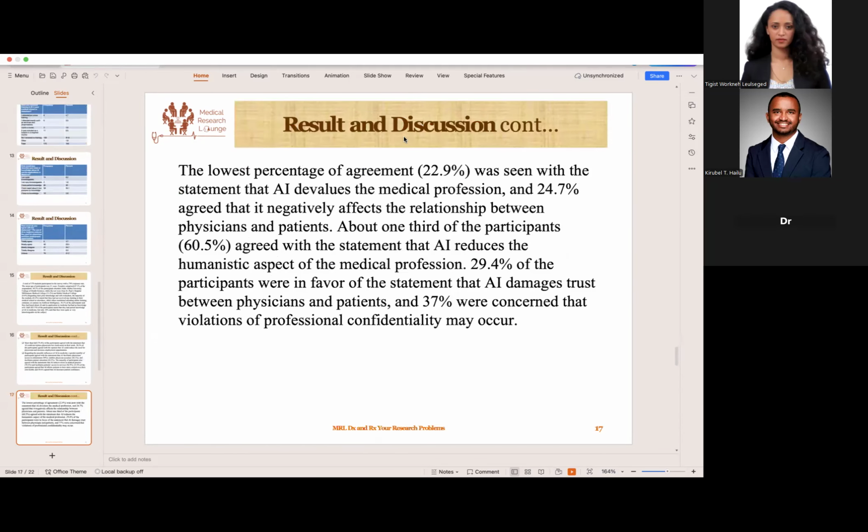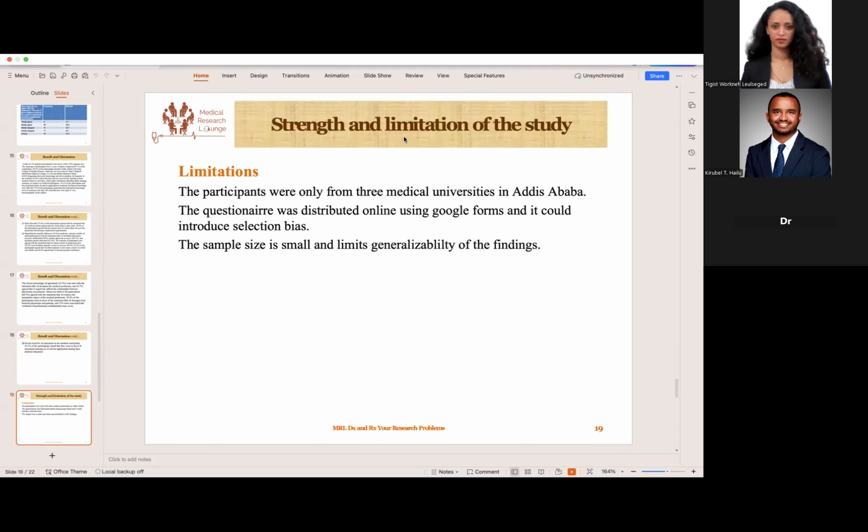The section heading says strength and limitation of the study, but you just talked about the limitations of your study only. It's very important that you also show the strength of your study. I think as Ethiopians, we all have a problem of claiming what we deserve or what we have done, and that bad culture is following us even in research.